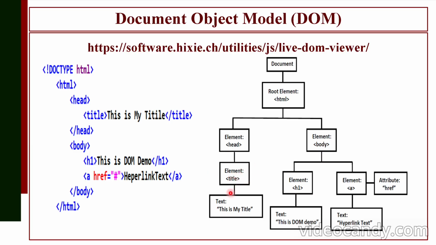The text we gave here is, this is my title. When it comes to the body of the content, there are two more tags. One is the h1 tag, the other one is the anchor tag. The anchor tag is going to have the attribute href, right? Then the h1 tag has its text and the anchor tag has its text.